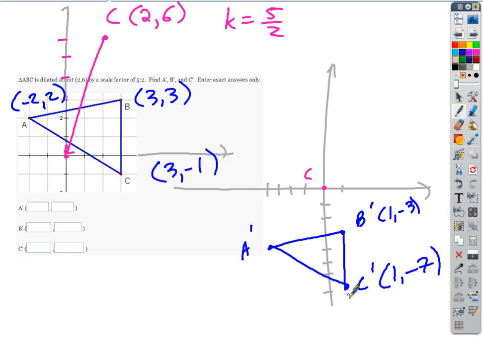Okay, now that I've got the center on the origin, dilating it is really simple. To make things a little easier here, instead of the dilation being 5/2, let's just make k equal 2. Okay, what does that mean? If the scale factor is 2, what is that going to do to each of these coordinates?